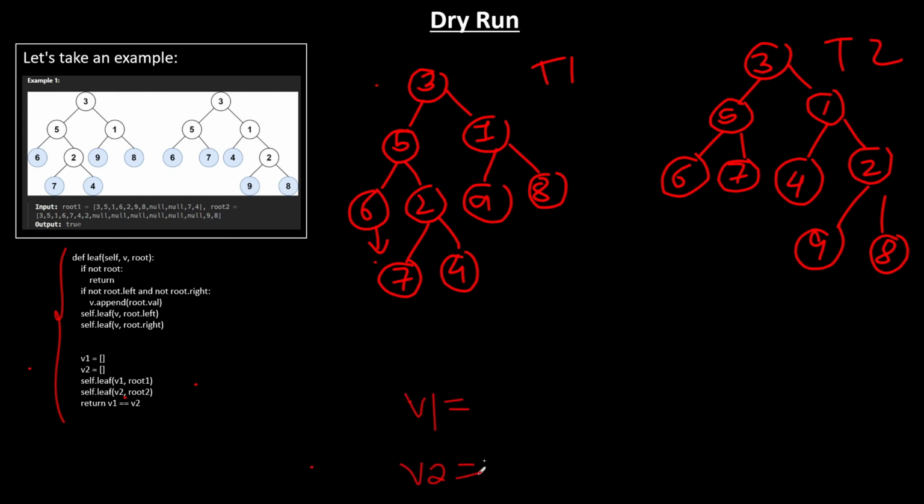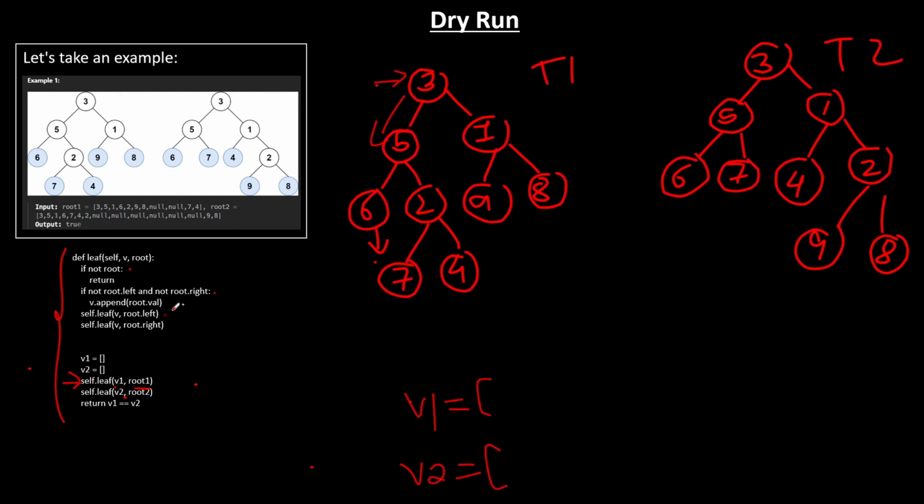Fine. So first we call the function with tree 1 with v1 and root 1. If we start from here, we check if root is null. No, it is not null. Then we check if the root's left and right are null. No, it is not. So what do we call? We call the root's left function again. So we come here. Now this is the root value. Again, we check for the same condition, if root is null or left and right are null.